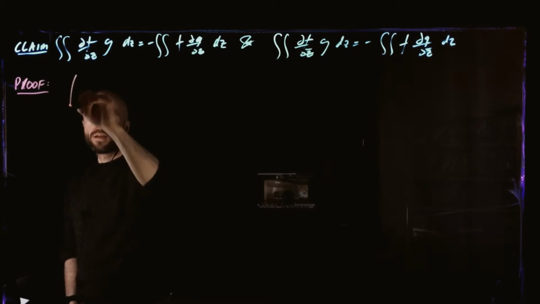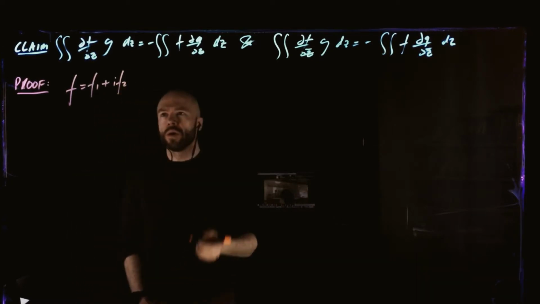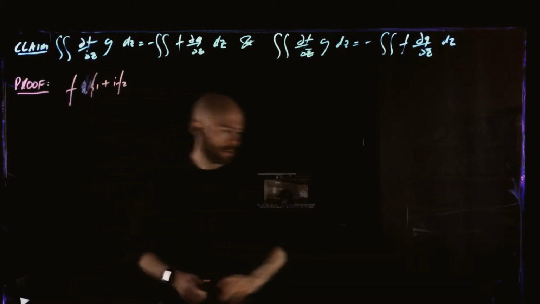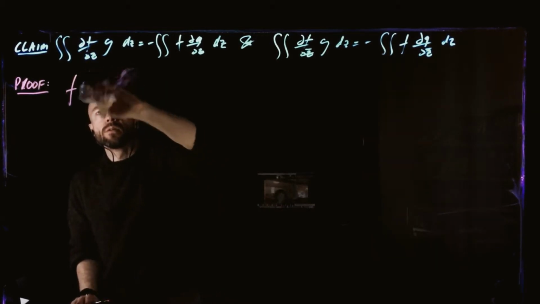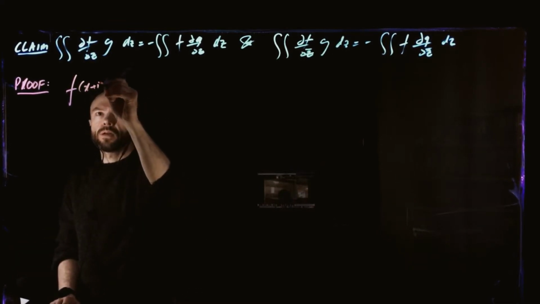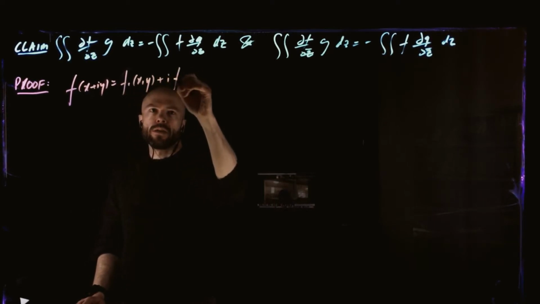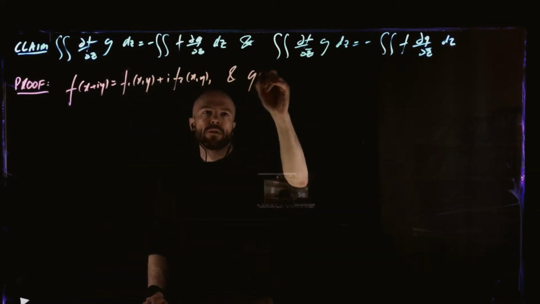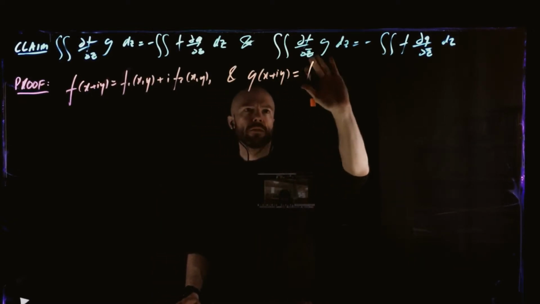So we're going to write f is equal to f1 plus i f2, where we're thinking of f1 and f2 as just being in terms of x and y. So actually, let me just write that out. So f of x plus iy is equal to f1(x,y) plus i f2(x,y), and the same for g.